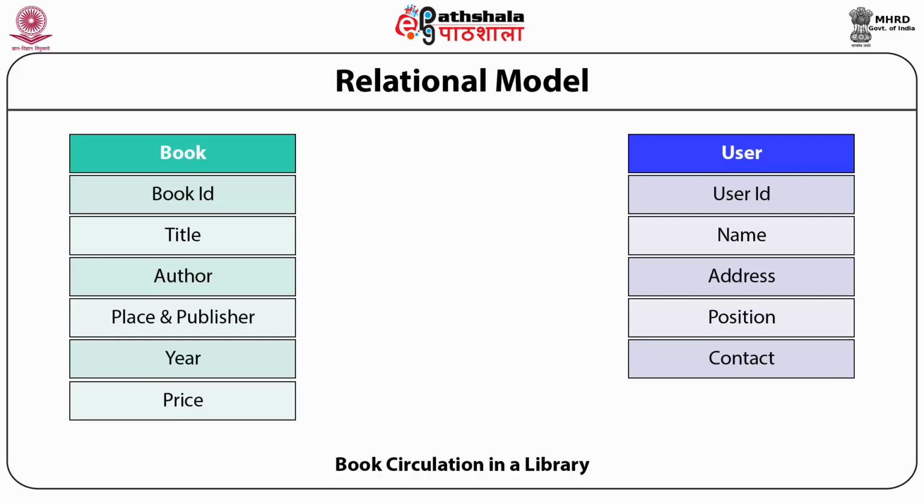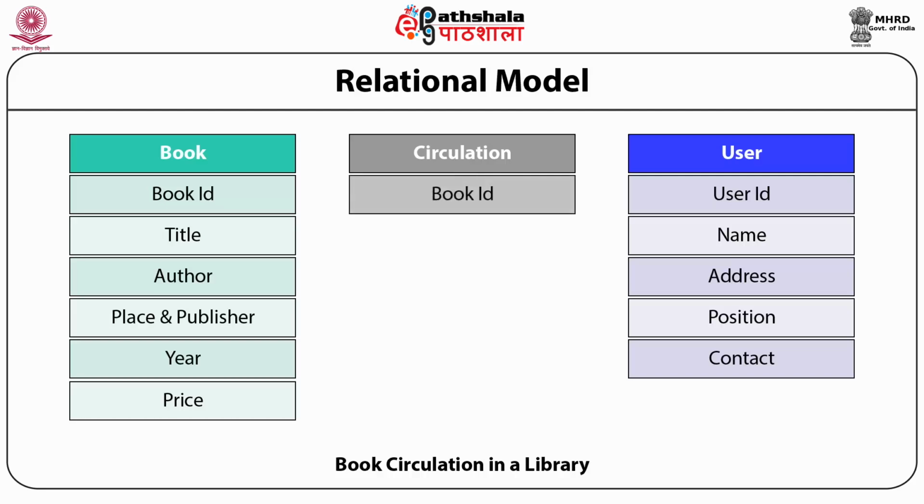Now we create a third table, which we call the circulation table. If we issue a book, the data is stored in the circulation table. What we store is the book ID and the user ID.